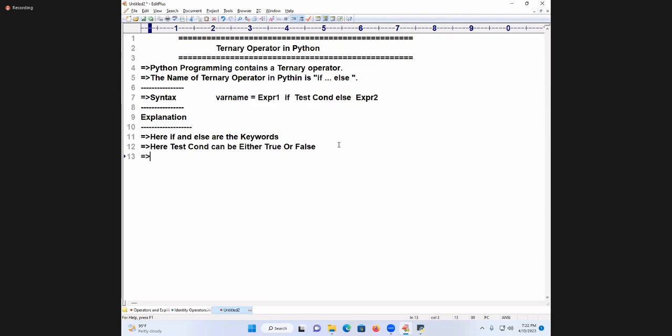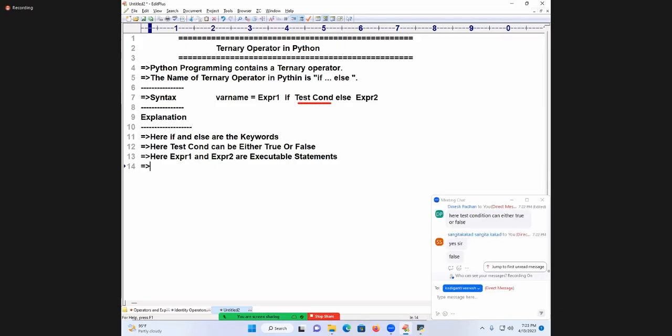Now I am going to talk about what expression 1 and expression 2 are. Here, expression 1 and expression 2 are executable statements. Now the flow I am saying. What is the result of this test condition?